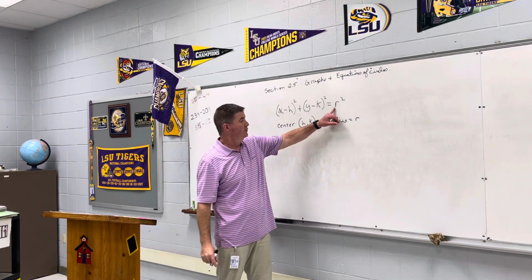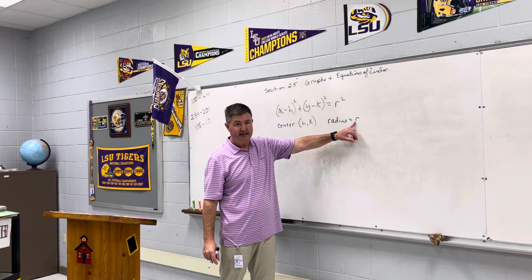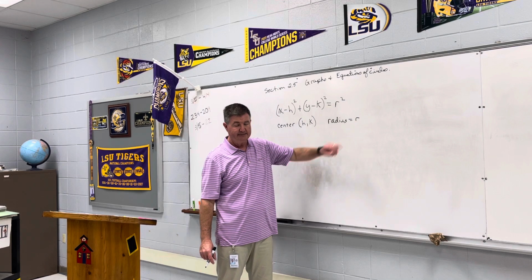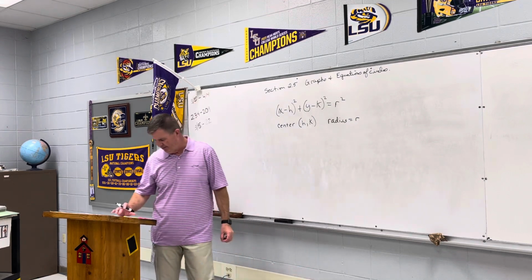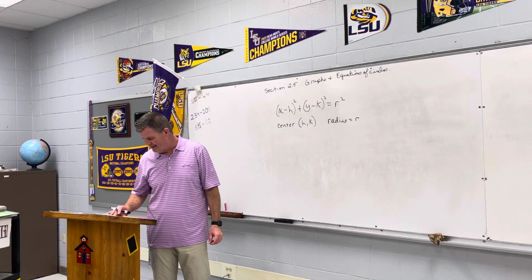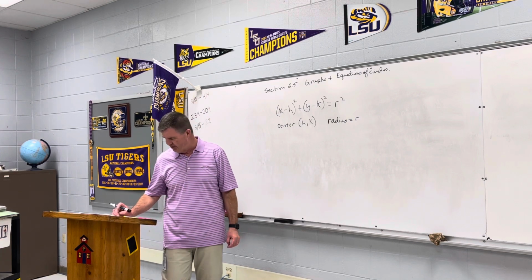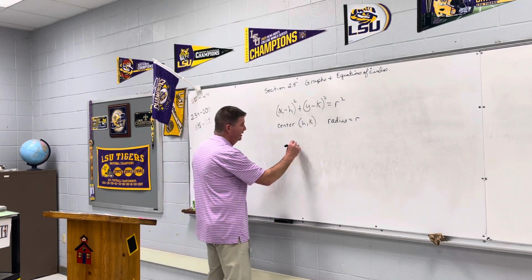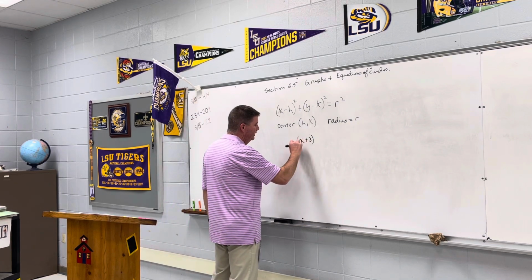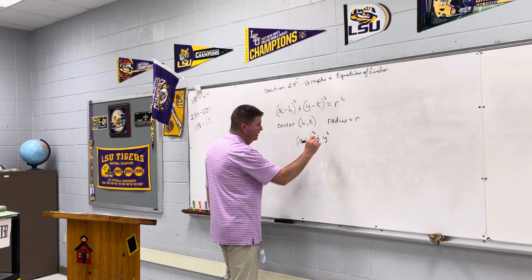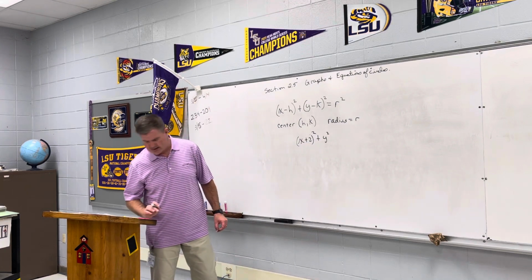This is r squared. r is the radius. So in the next example, which is example number 2, it's going to say identify the center and the radius of a circle with equation (x plus 2) squared plus y squared equals 9.